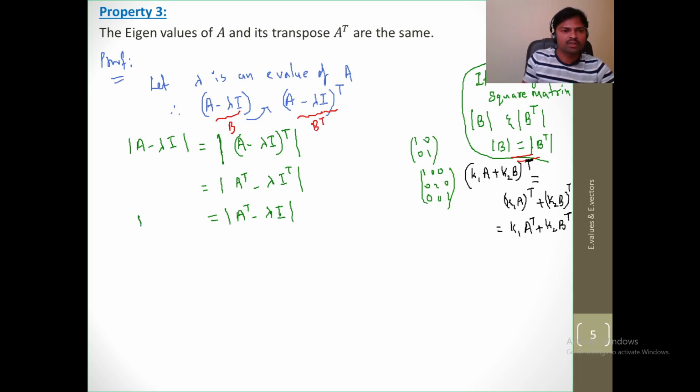But what is this? I started with determinant of A minus lambda I, and I ended with determinant of A transpose minus lambda I. So what can you say about this relation? Is it useful to us? Yes, it is useful.